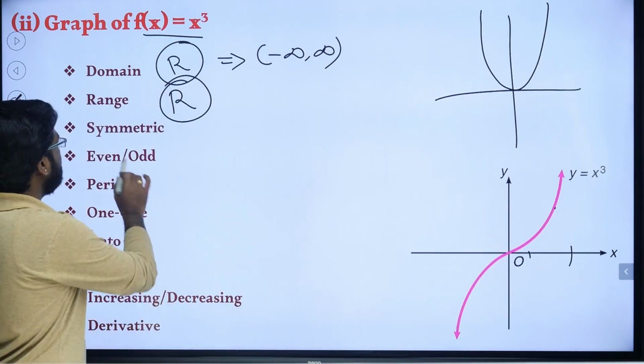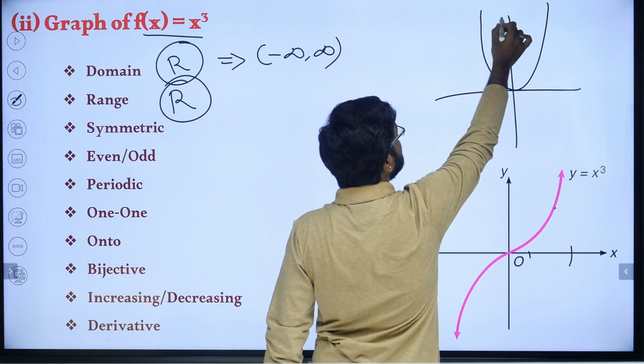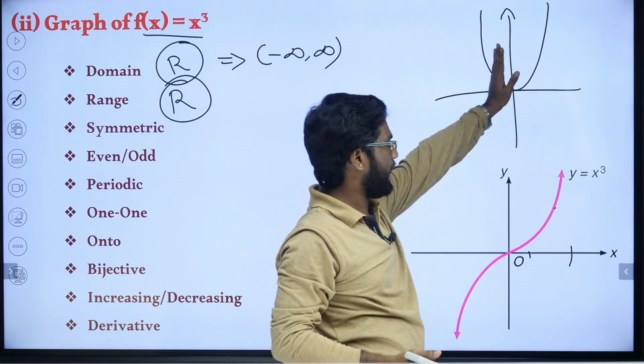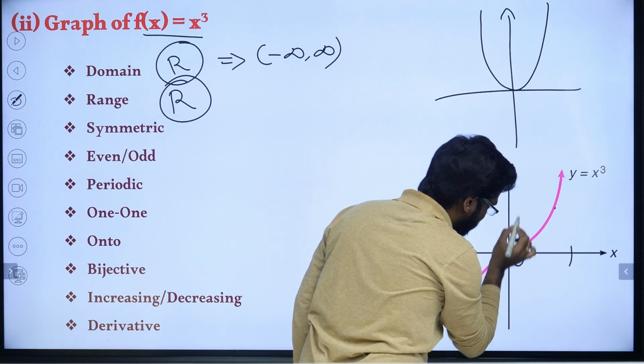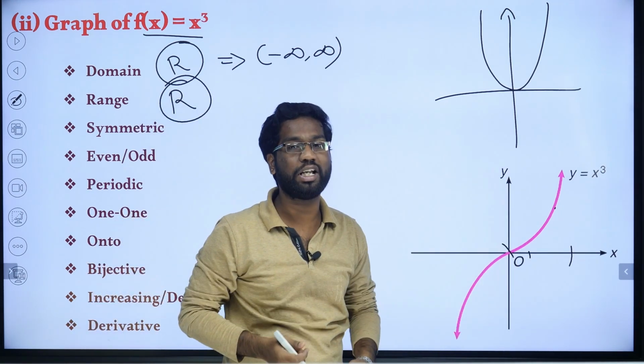Now, symmetric about what, my dear students? In x square I said it is symmetric about the y axis because it divides the graph equally at the y axis. But here, where does it cut, my dear students? At the origin. At the origin means you can also say it is symmetric about the origin.